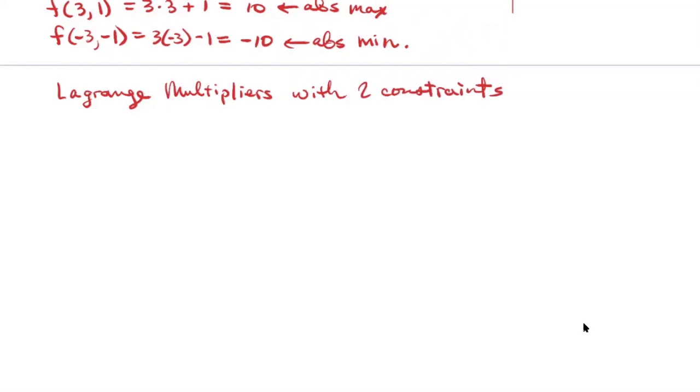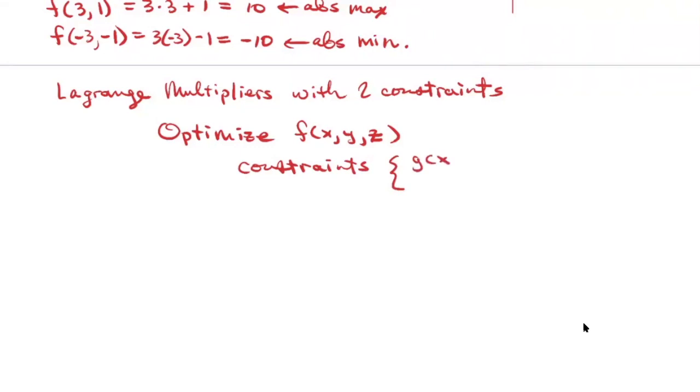Okay, so we want to optimize f of x, y, z. This is something that could be anything moving in 3-dimensional space, but now it's being constrained with two constraints. The first would be that x, y, z is constrained to the surface g of x, y, z equals c.